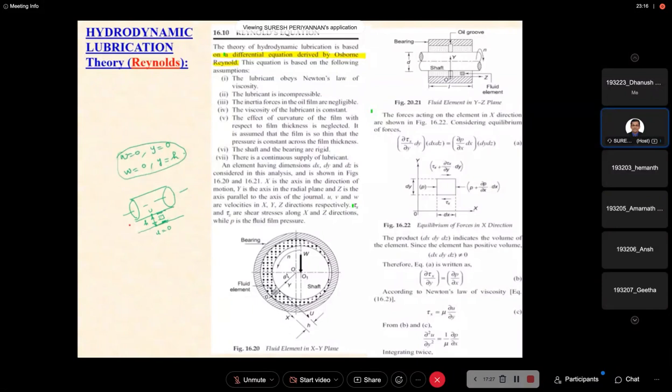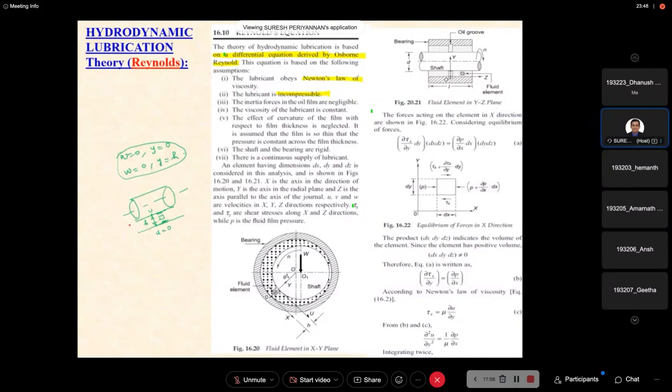While he developed his concept, he made a few assumptions. First, the lubricant must obey Newton's law of viscosity. The lubricant must be incompressible. The inertia force must be neglected. The viscosity of the lubricant must be constant.